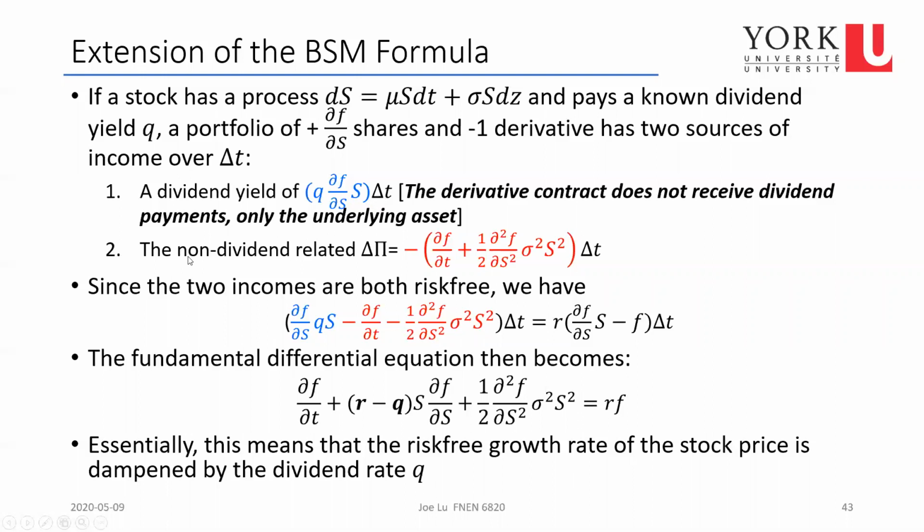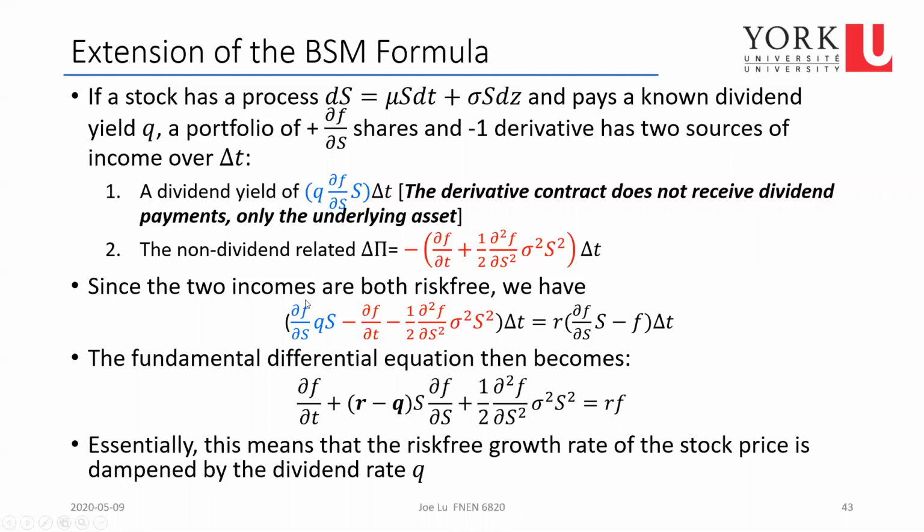Also, the portfolio has a component of change that is exactly the same as before. It changes over time, and it's this change related to the second partial derivatives. So this still takes the old form, but then you have this one more source of income to the portfolio.